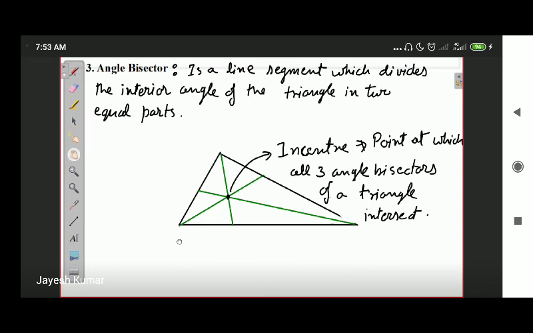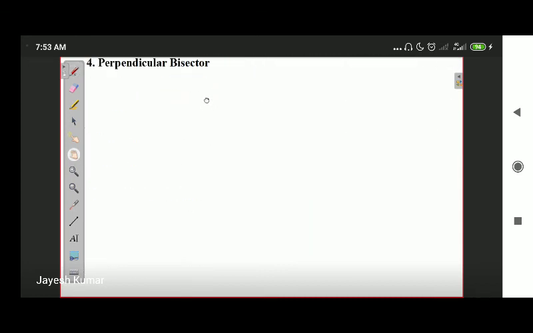Now moving on, last topic for today is perpendicular bisector. Perpendicular bisector can be called the combination of median and perpendicular, but it is once again not related to median and perpendicular in such a manner. For any line segment, as you might recall, a perpendicular bisector is a line which bisects the line as well as is perpendicular to the line.